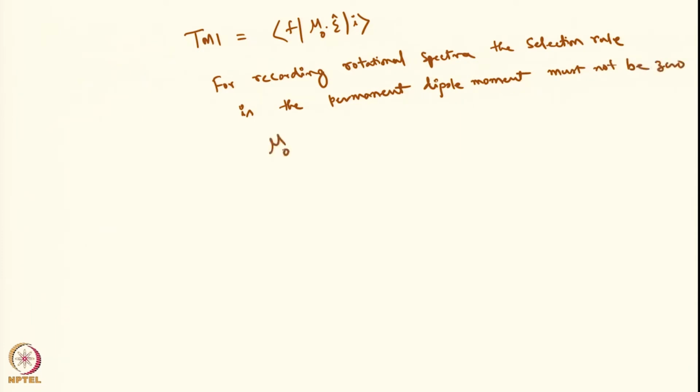So only if mu naught is not equal to 0 will transitions be allowed.